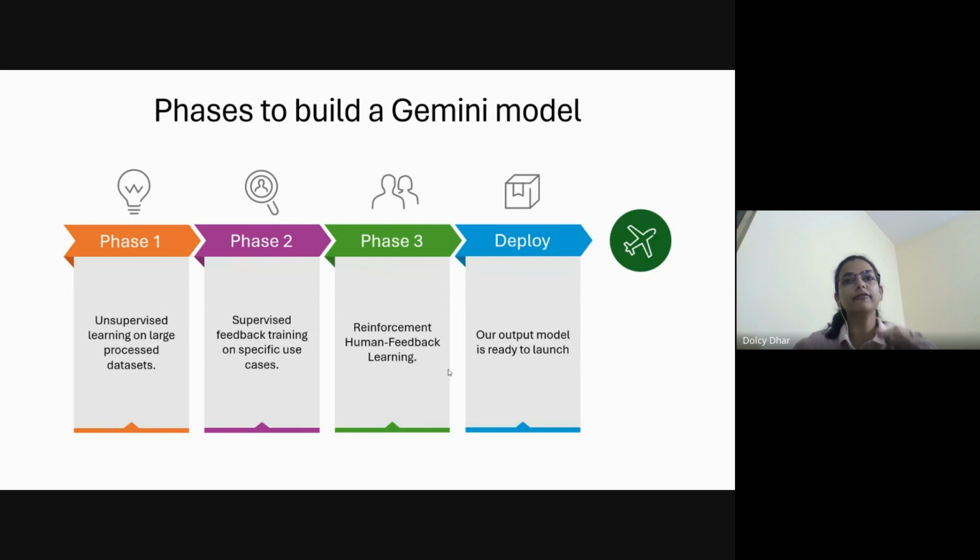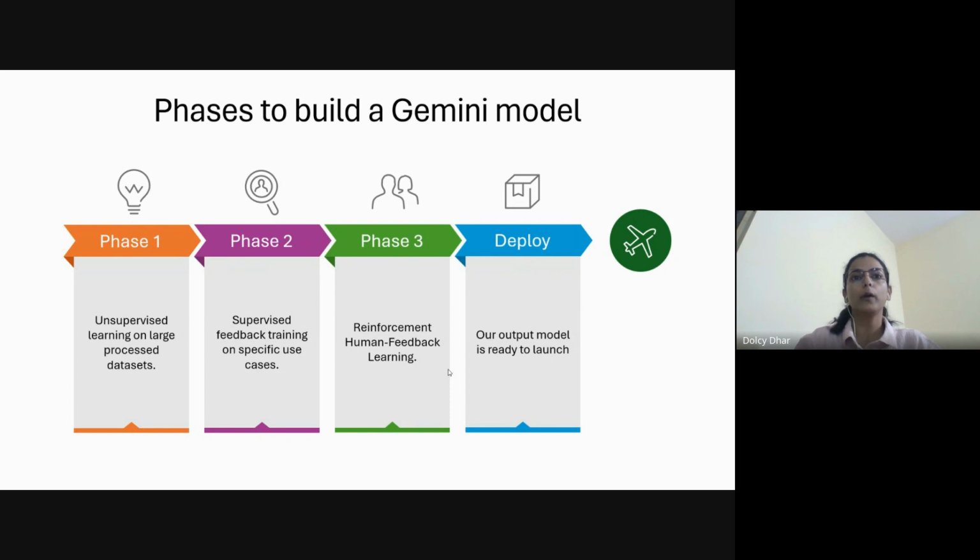And finally, in phase three, human intervention is required, where you tell the large language model and rank its answers, giving human feedback to reinforce whether the answer received from the LLM is correct or not. And this goes back and forth.